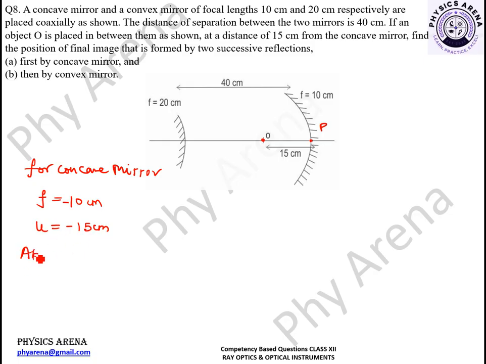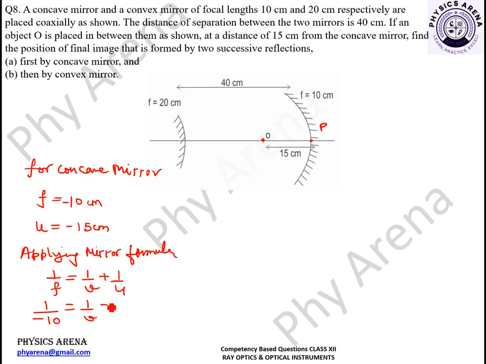Now applying the mirror formula, we can write 1 upon f is equal to 1 upon v plus 1 upon u, and that can be simplified as 1 upon minus 10 is equal to 1 upon v plus 1 upon minus 15.